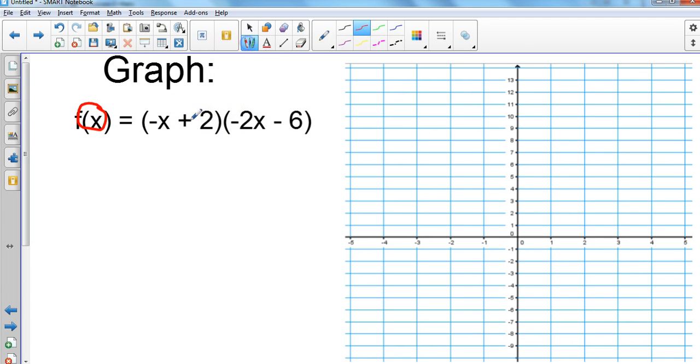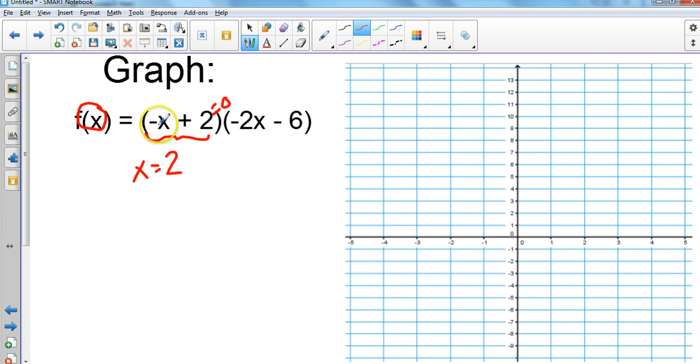Looking at this first linear factor, negative x plus 2, we want to find out what x value makes this equal to 0, right? So when I look at this, I say, okay, this negative x, or the opposite of whatever number, has to be negative 2, because negative 2 plus 2 is 0. If this has to be negative 2, and this says take the opposite of whatever we put in, then x better be a positive 2.